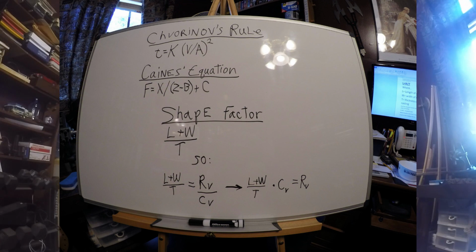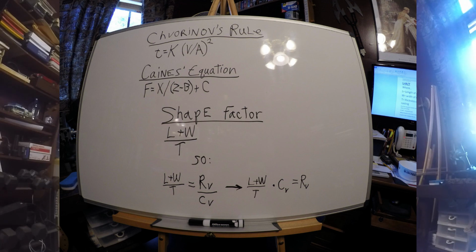Now you have a shape factor where you take the length of the casting, you add the width of the casting, and you divide it by the thickness of the casting. When you get that factor, you would go to a chart, and using that factor would be on one leg of the chart.